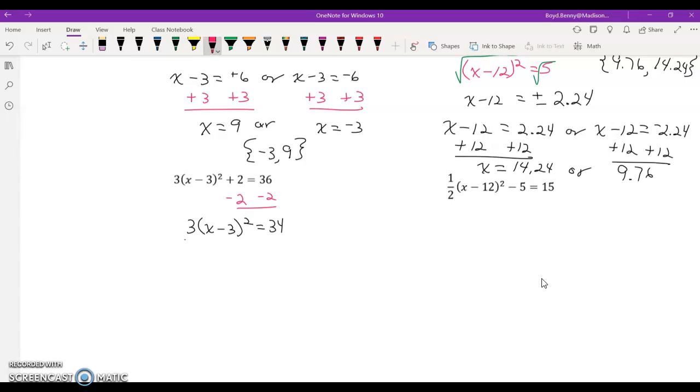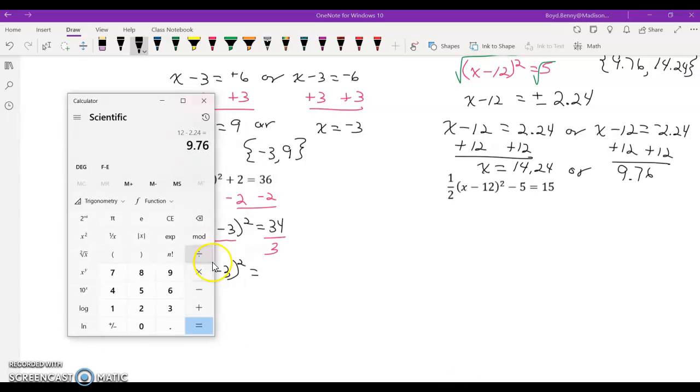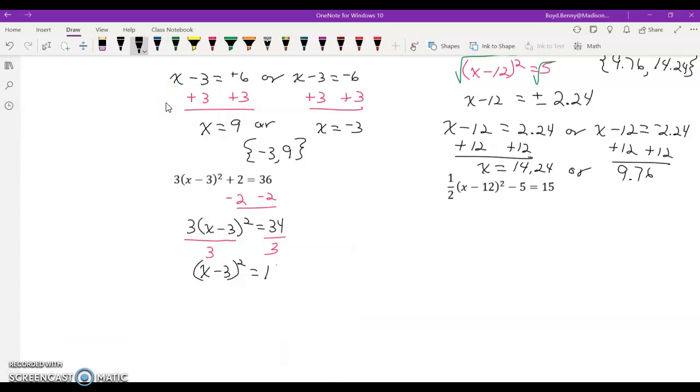Then we'll divide both sides by 3, which will leave us with x minus 3 squared equals, let's pull out that calculator, 34 divided by 3. That gives us 11.3 repeating. I'll round that off to 11.33.